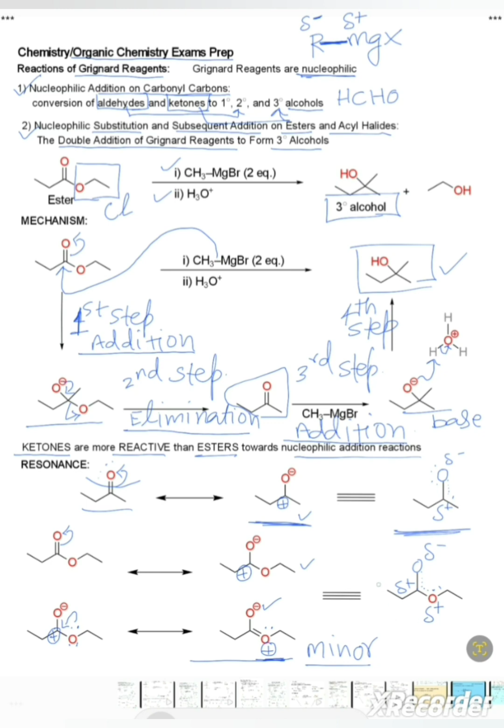So that's the reason that if you see this resonance hybrid, it clearly shows that the positive charge is not concentrated on the carbon only, just like it is in the case of ketones. So the positive charge is spread out throughout the molecule, especially a part of it is also on the oxygen of the ethoxy group in the ester.